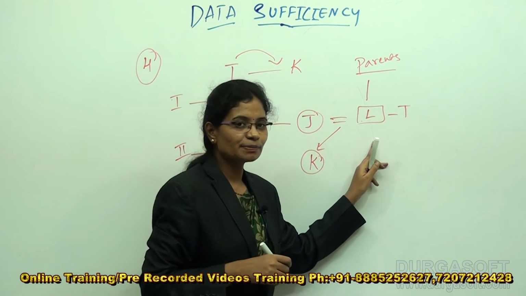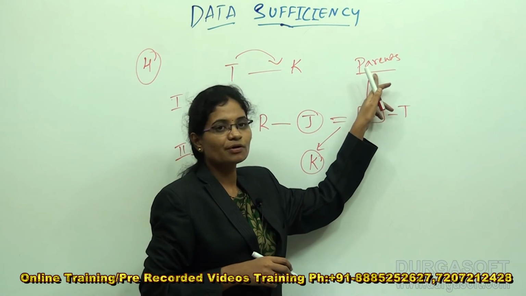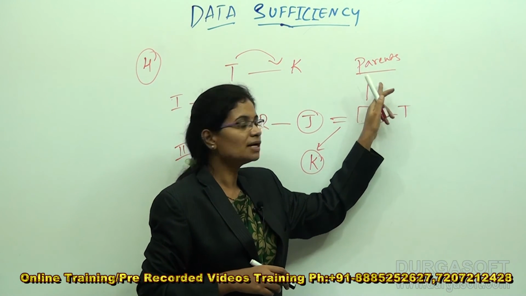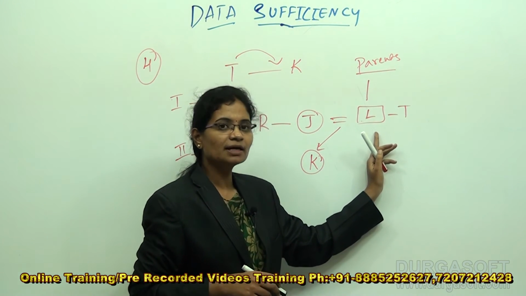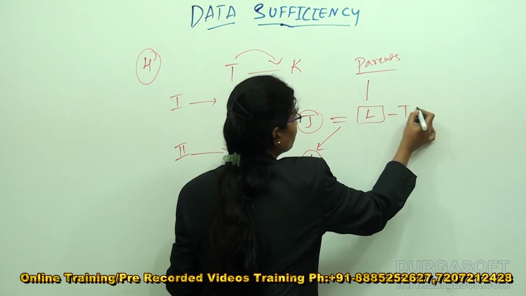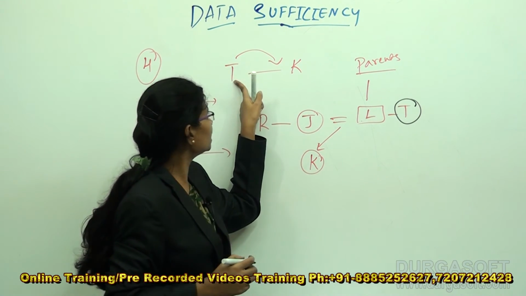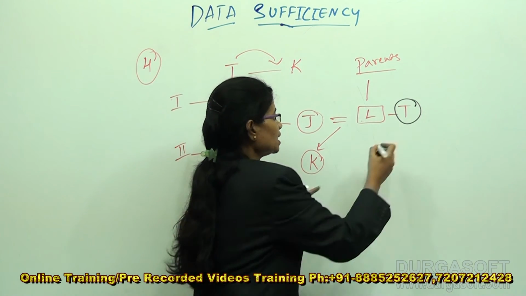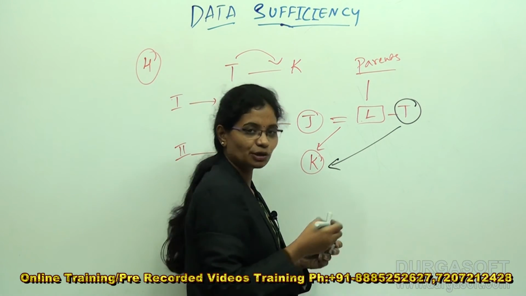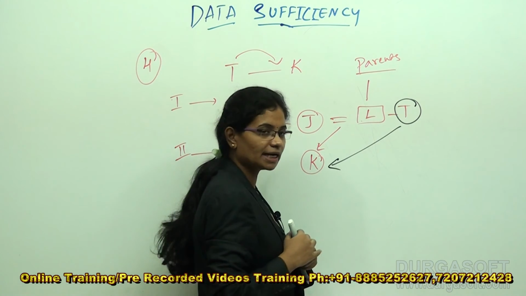Here it has been clearly given that L is the only son of his parents, right? If L is the only son, then obviously T will become a daughter. Now how is T related to K? As we know the genders, using these two equations we can get the answer.